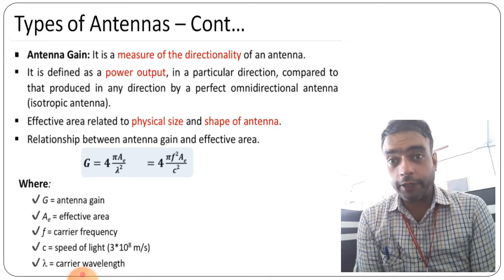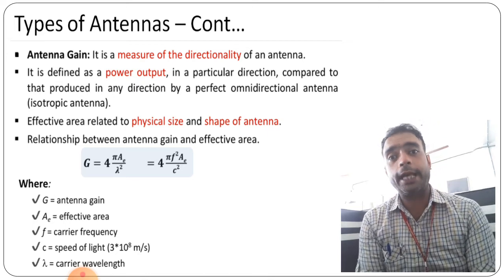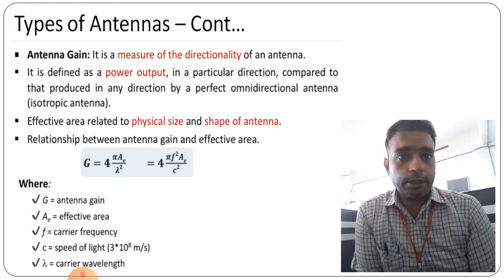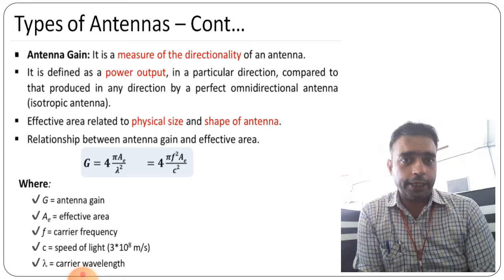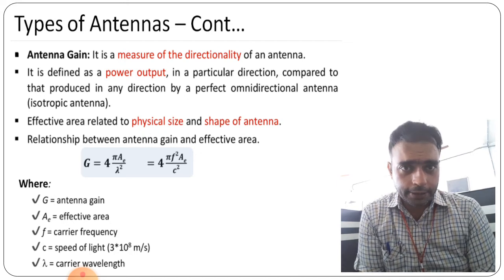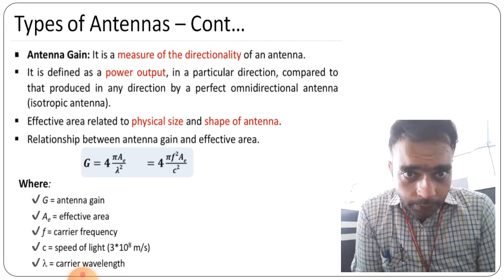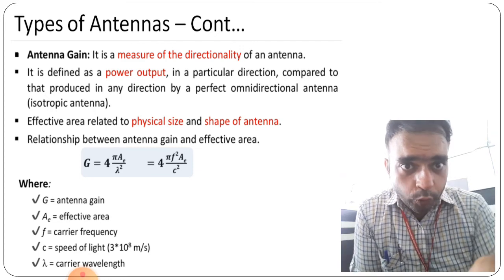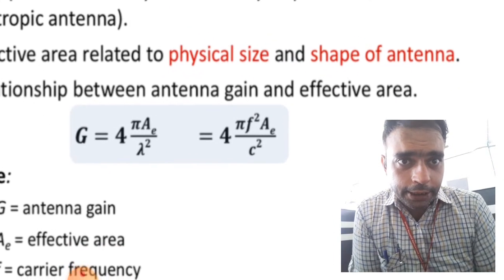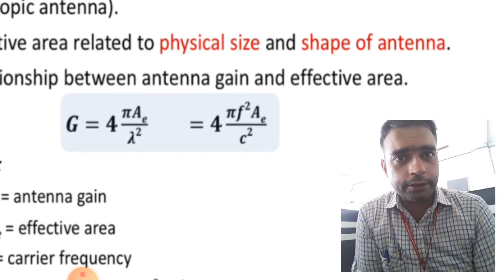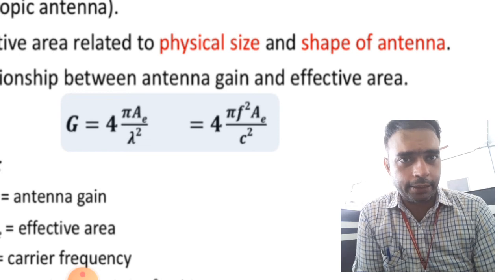Here the effective area is related to the physical size and shape of the antenna, and the relationship between the antenna gain and effective area is given like this. That is, capital G is equal to 4 pi AE upon lambda square, where AE is the effective area, lambda is the wavelength, and G is the antenna gain.